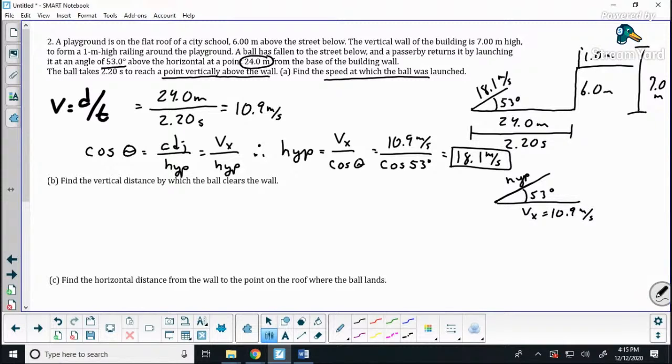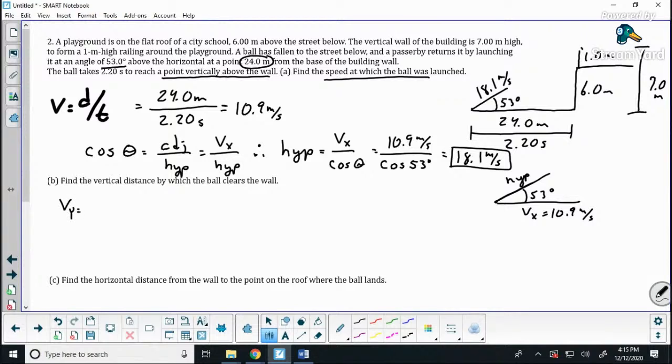So that's part A. Part B asks to find the vertical distance by which the ball clears the wall. For that, we need to know the velocity in the y-axis.